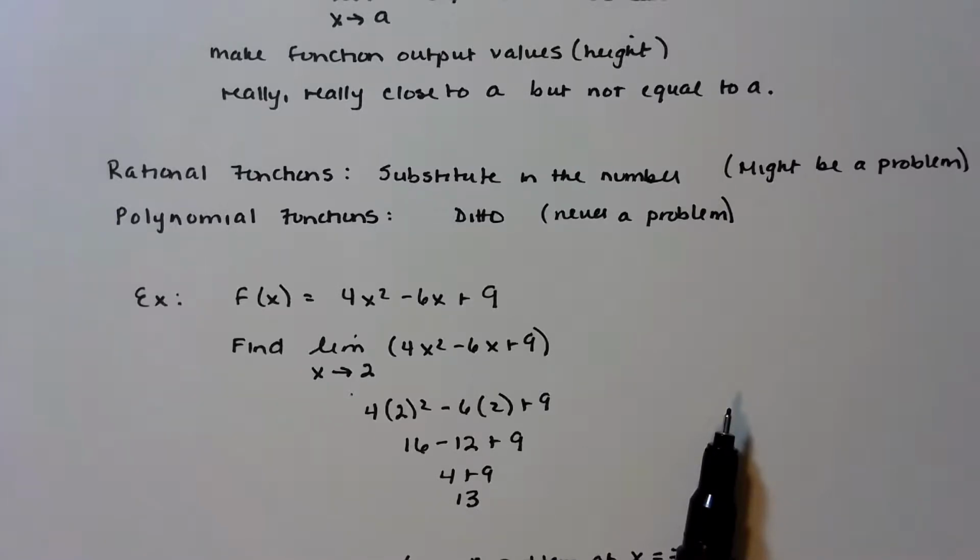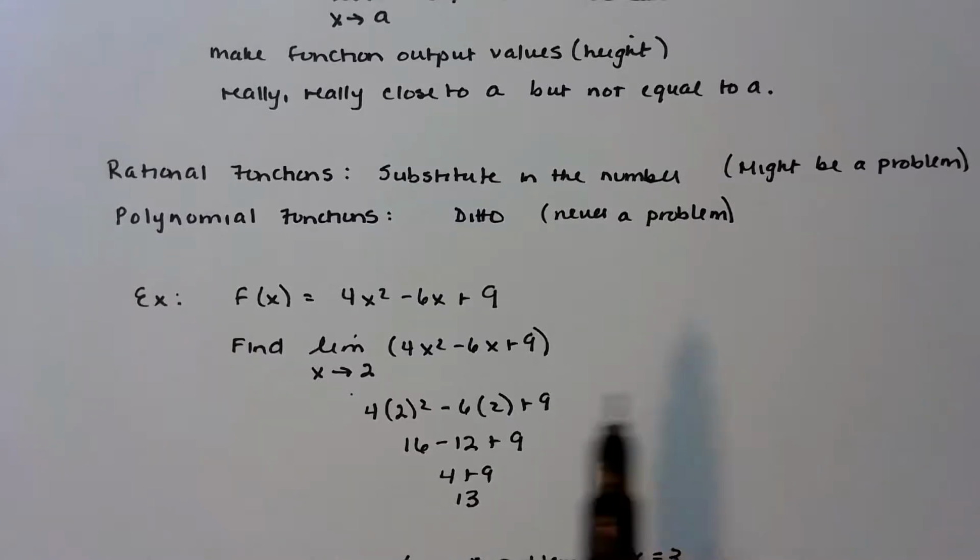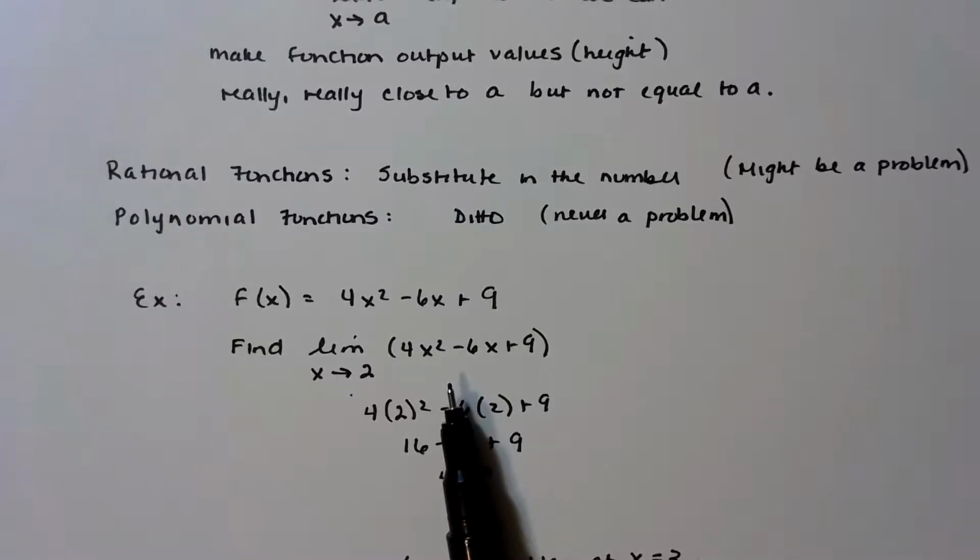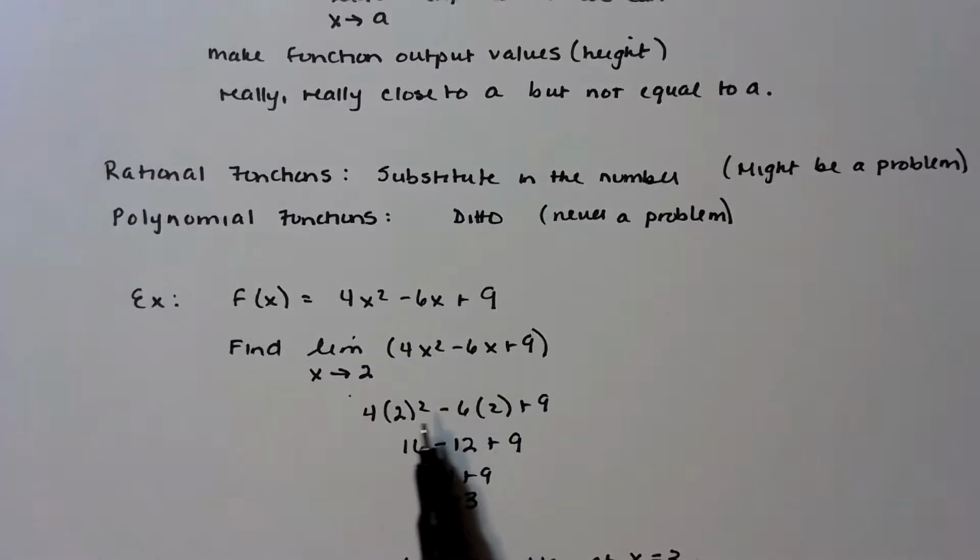You're really close to going into the pool, but you don't quite go that far. You just keep standing on the edge. I have this function, it's a polynomial, and if I plug the 2 in, then I get 13. So the limit as x approaches 2 for this particular function has a height of 13.